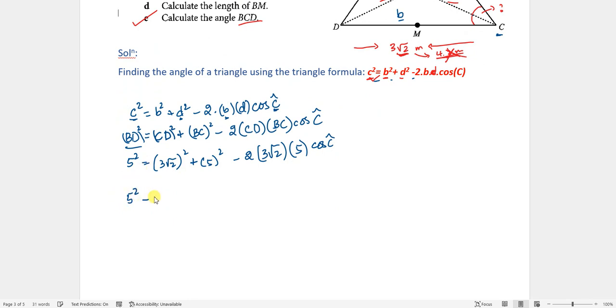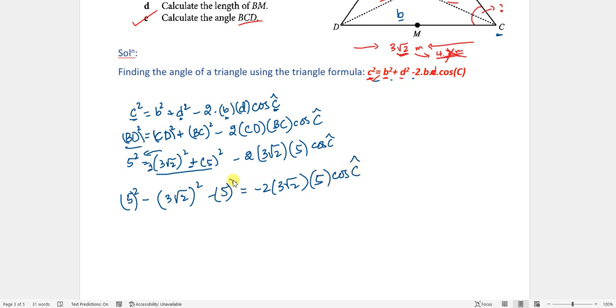5 square minus, we bring this 2 to the other side, so the sign changes. Here it's positive, here it's positive, so when it goes to the other side, this one becomes negative, this one becomes negative. So this one becomes 3 root 2 square minus 5 square is equals to negative 2 times 3 root 2 times 5 cos angle C. You see we can cancel positive 5 and negative 5 and positive 5. So remaining we will have negative 3 root 2 whole square. This negative and this negative can also get cancelled.